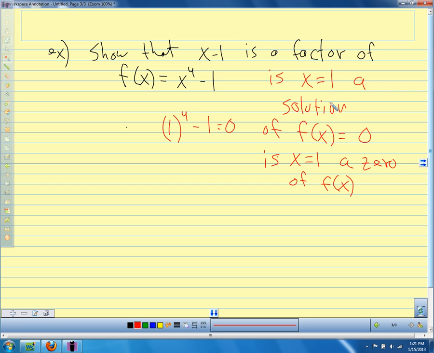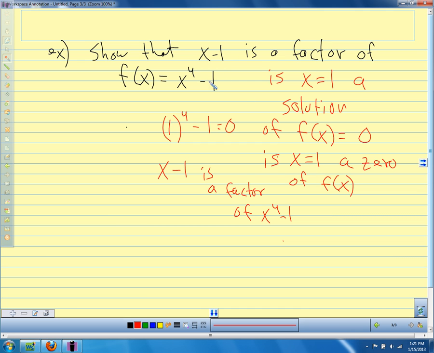All of these things mean the same thing. So this tells me, since x equals 1 is a solution, x minus 1 is a factor of x to the fourth minus 1. So when the problem asks you if it's a factor, we want to say, is it a solution? Is it a 0? That tells us it's a factor.